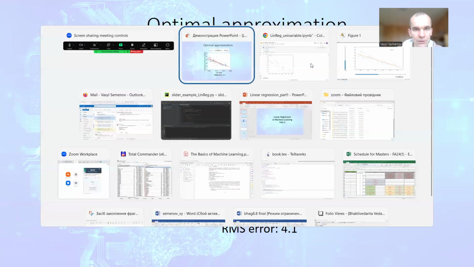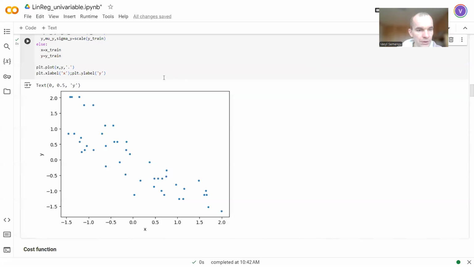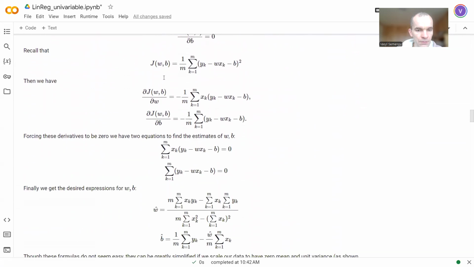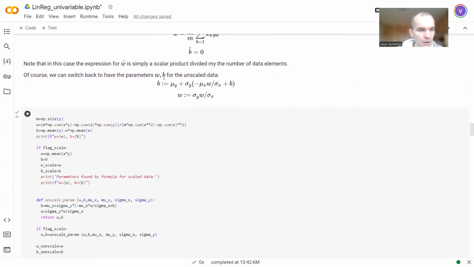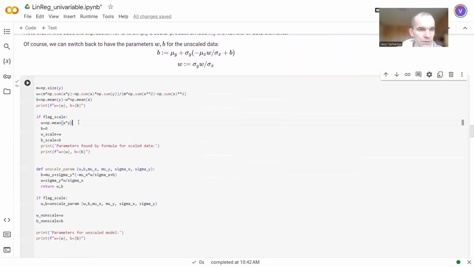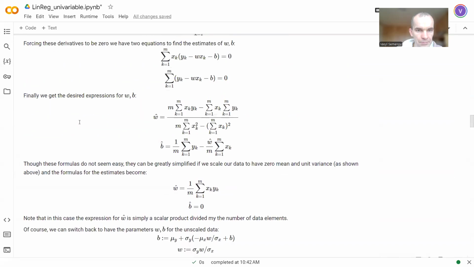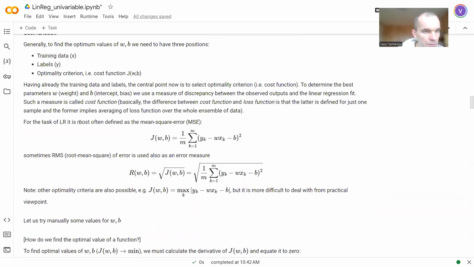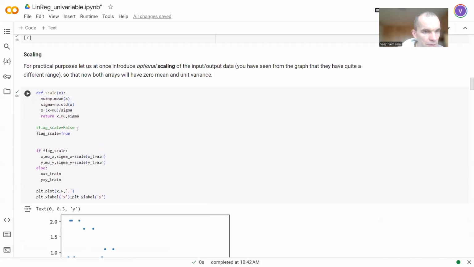For this purpose, let us go to Colab again, and here are these corresponding formulas. I have just programmed these formulas in Python. Let me see if I've set the data to be scaled.